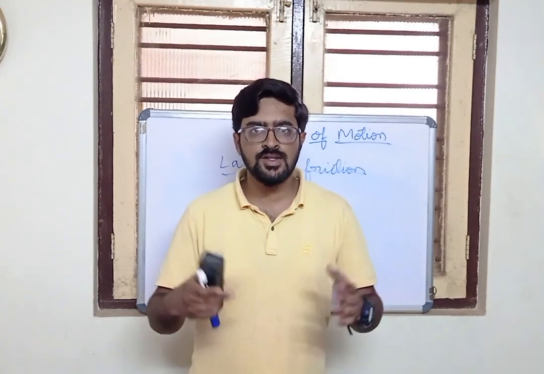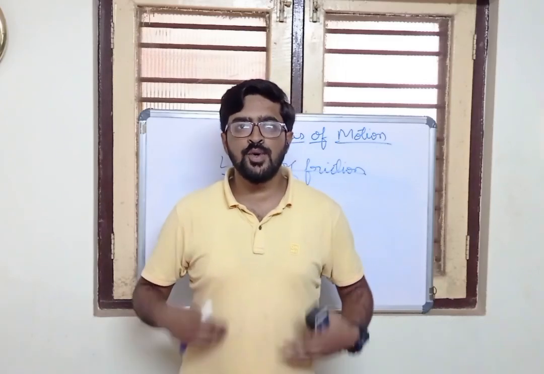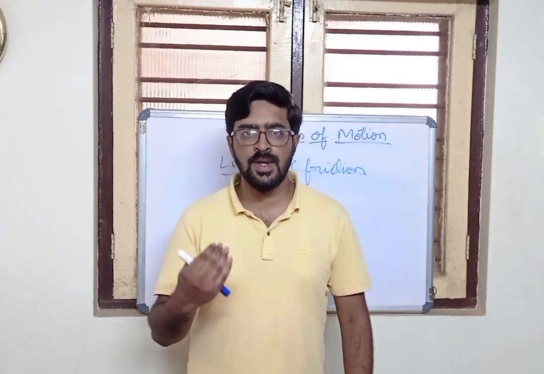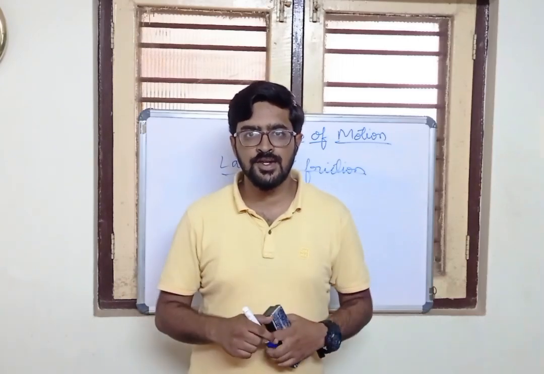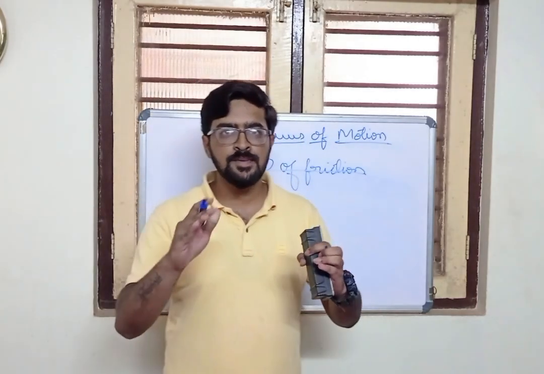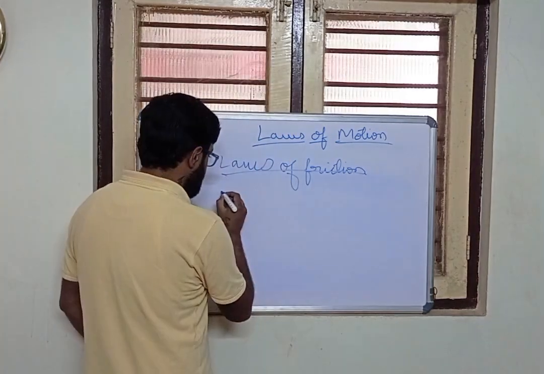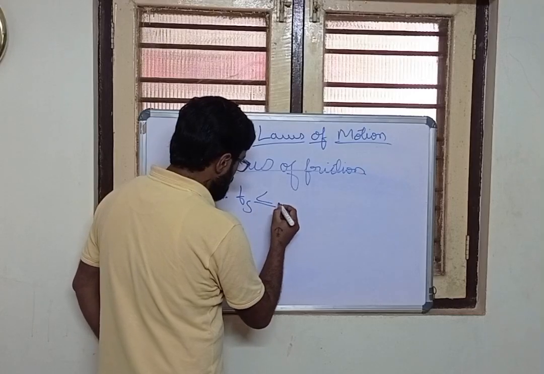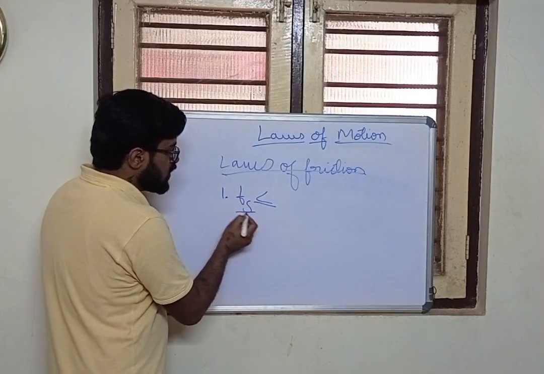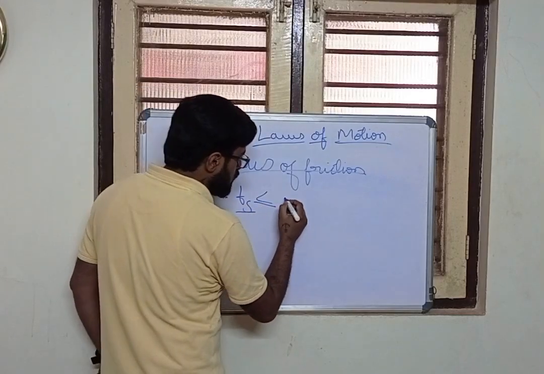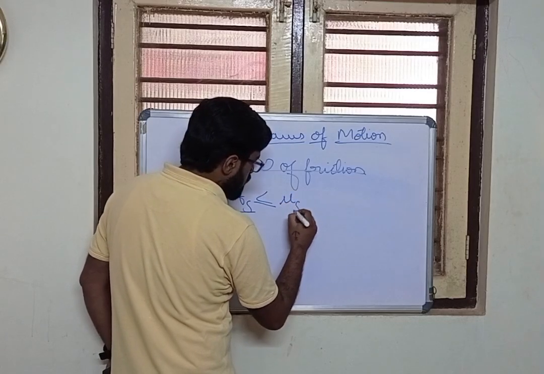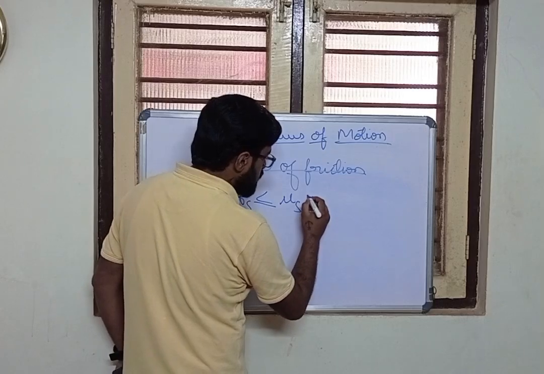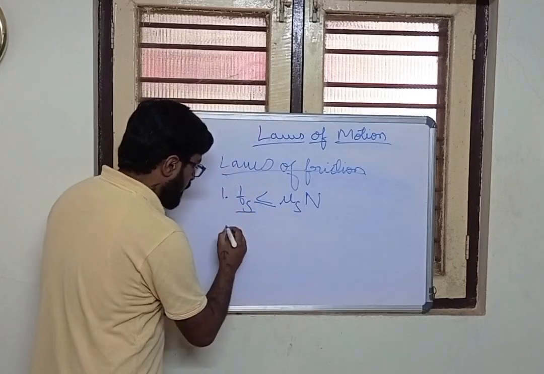That is called static friction. So it is always in the opposite direction: the force I apply and the force that Earth's surface applies to me. Its magnitude is that the frictional force is always less than or equal to the coefficient of static friction times the normal force.